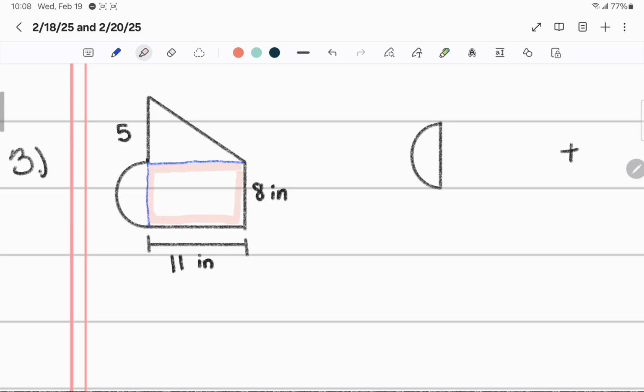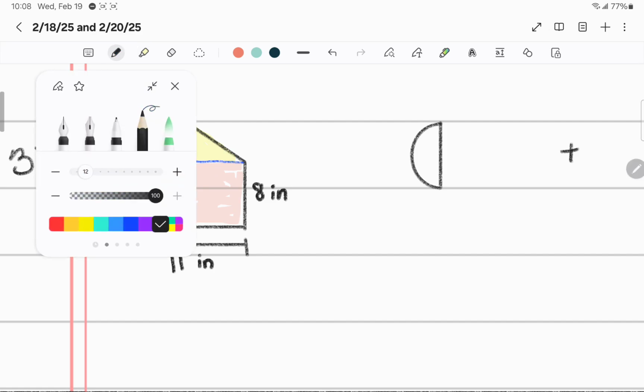We have a rectangle. And then we have a semicircle. So we created a semicircle. And we created a triangle like that. You see? So that's the easiest way to do it, is to create your rectangle, because the majority of these shapes come off of a rectangle.